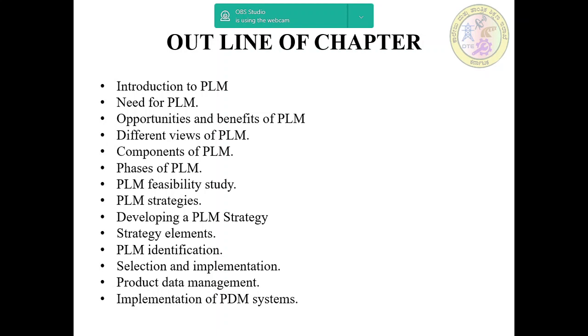We already discussed the introduction to PLM, need for PLM, opportunities and benefits of PLM. Different uses of PLM we discussed in session number 1, and then components of PLM, different phases of PLM, that is models in PLM, feasibility study, and then PLM strategies and implementation of PLM strategies we will discuss in session number 2.